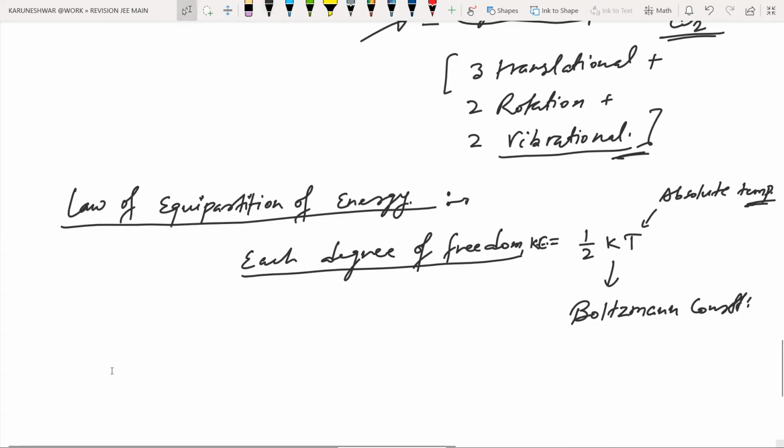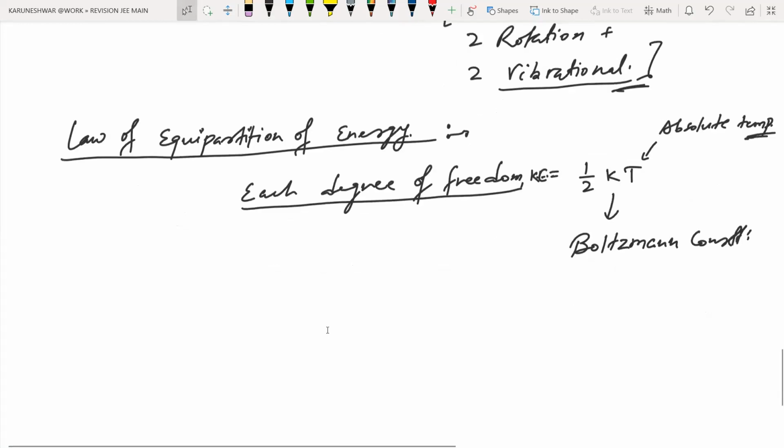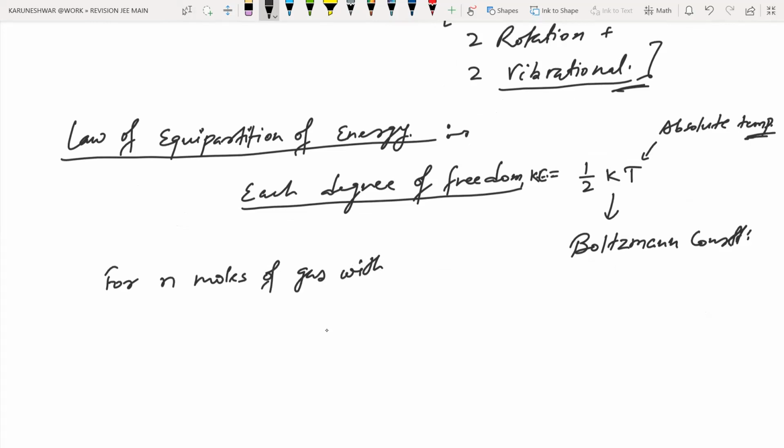Whenever we have n moles of the gas with F degrees of freedom, what will be the kinetic energy?